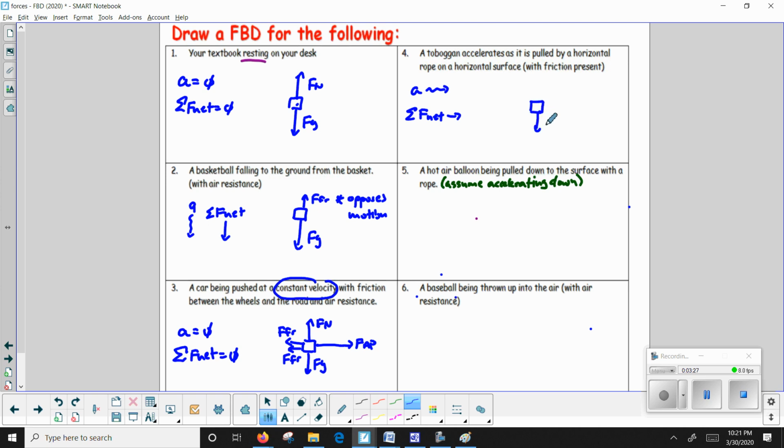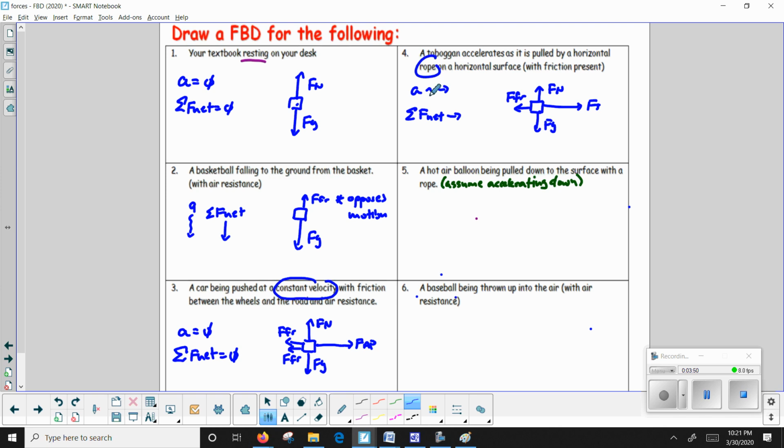We've got gravity. I'm going to have my normal force. I'm being pulled by a rope, so you have to be careful. I'm going to have some kind of tension force here. And we're accelerating, so we're going to have a little bit of friction, but it's going to be smaller than my tension force to give me that overall net force.